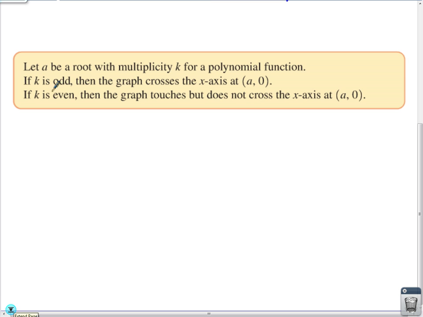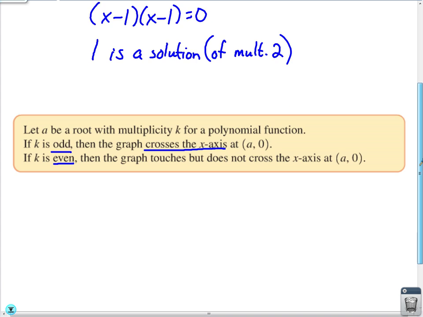If something has an odd multiplicity, if 1 is a root 3 times, then the graph crosses the x-axis at that point. If something has an even multiplicity, think about what that graph would never look like.